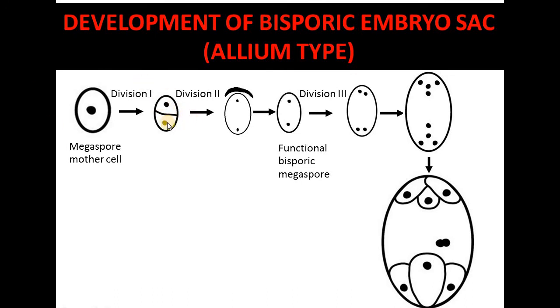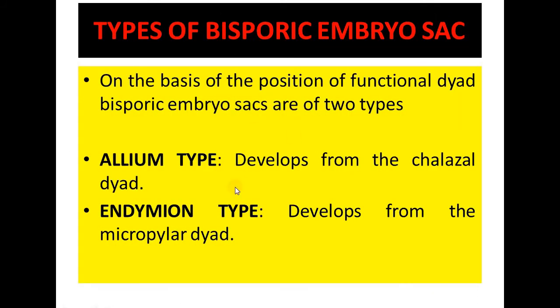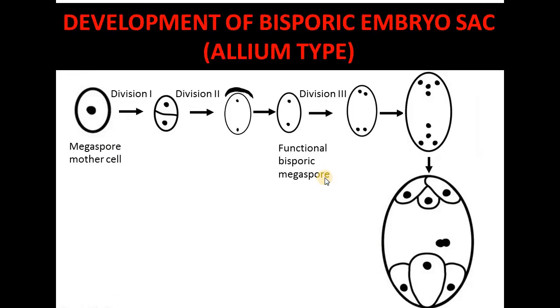So suppose we are talking about the Allium type here. As we have studied, in the Allium type, the chalazal dyad will be functional. It is going to produce the embryo sac. So suppose this is the chalazal dyad and this is micropylar.